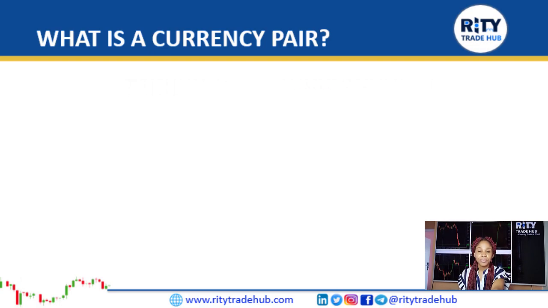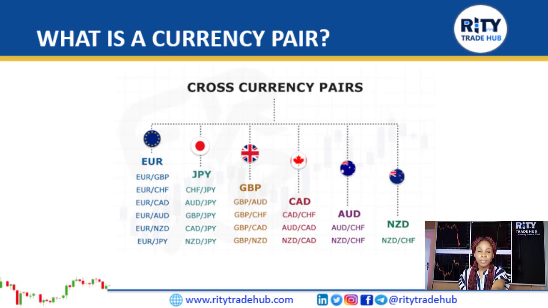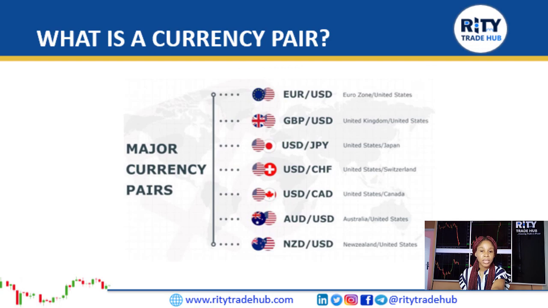Now we also have the crosses, the cross currency pairs. These cross currency pairs are any currency pair that doesn't feature the USD, and they do not hold any less profit potential than the majors. Here are examples of some popular crosses, and these pairs do not contain the US dollar.